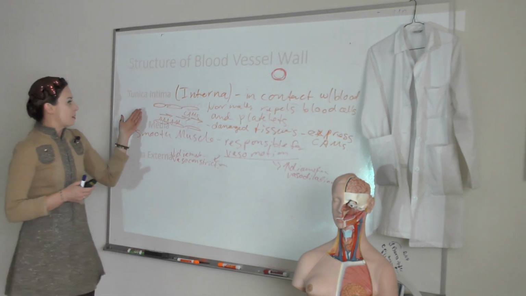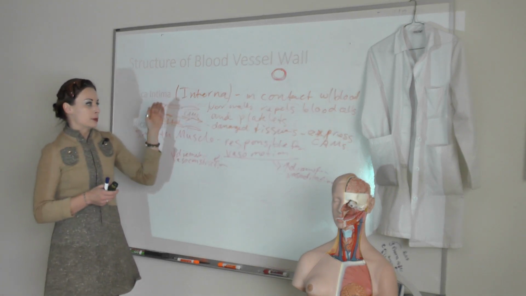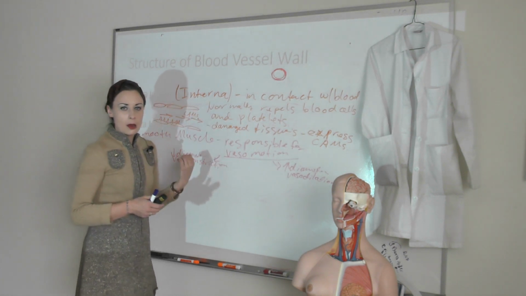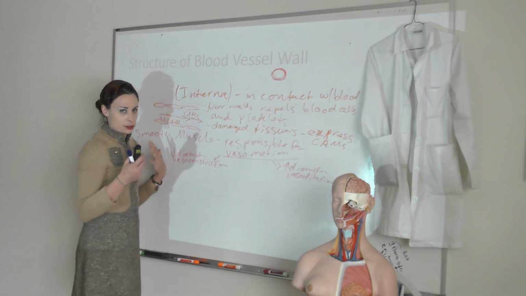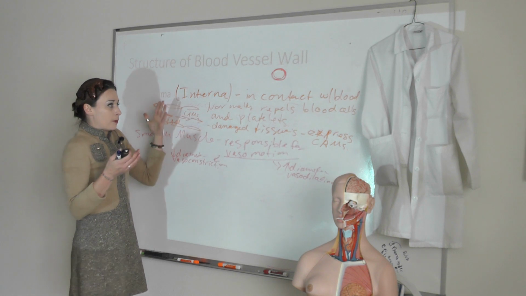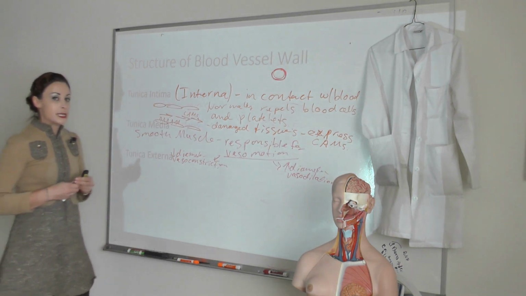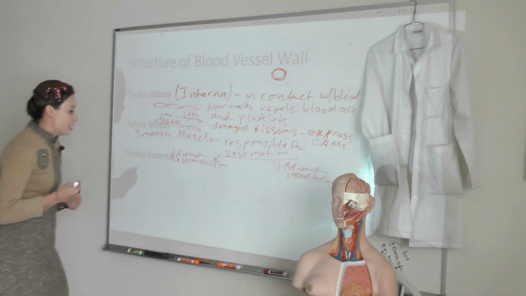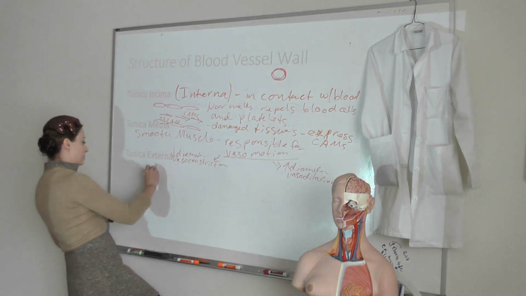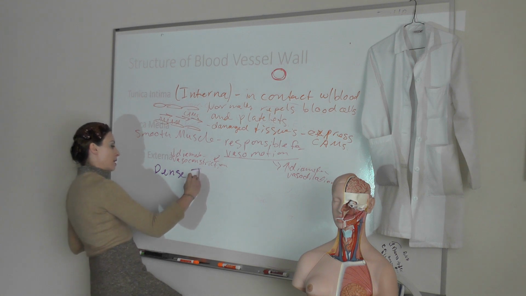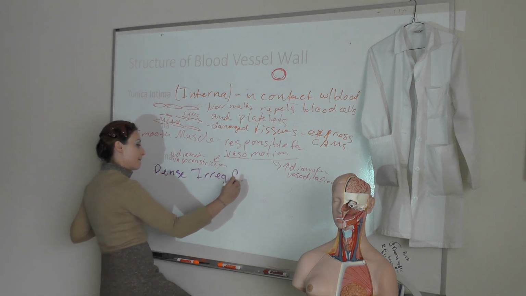It's thought that the innermost layers get everything that they need from the blood flowing through them. But the outer layers, especially in our great vessels near the heart, are really far away from that. So they have to have their own blood supply, and we find that as what's called vasa vasorum in the tunica externa.